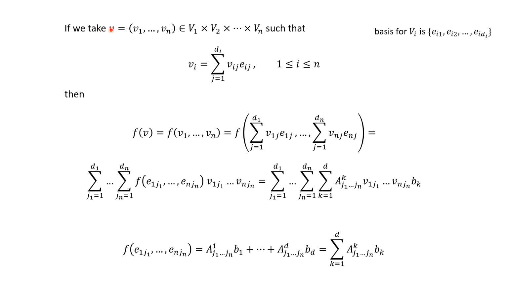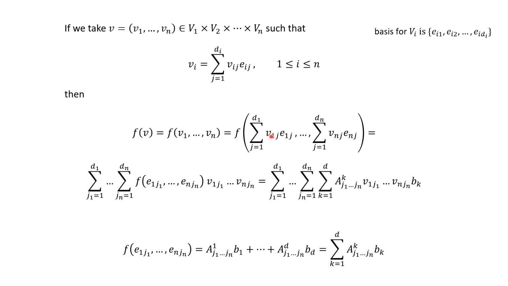Okay, so we've taken v and we've written each component vector in terms of the basis for v sub i. Now what we want to find is a formula for f of v, where f is a multilinear transformation. So f of v is f of this thing here, and then we just plug in these expressions, these summations for each v.